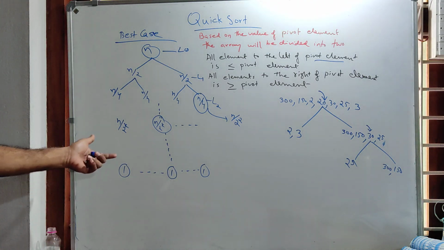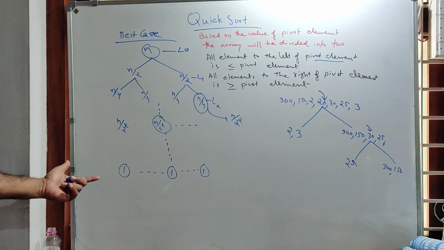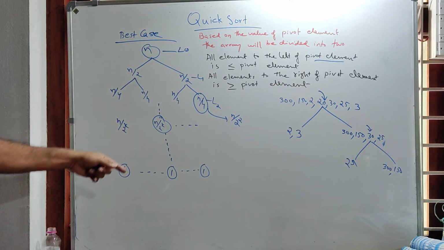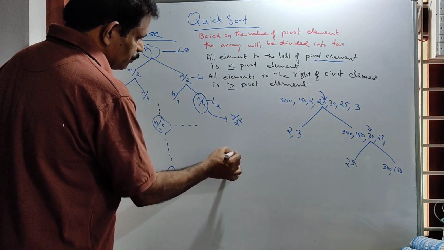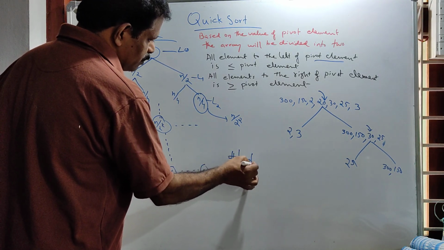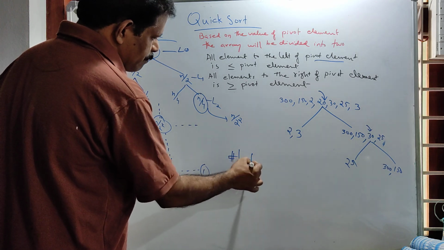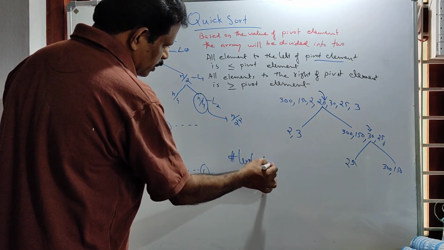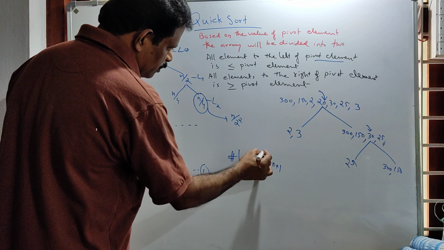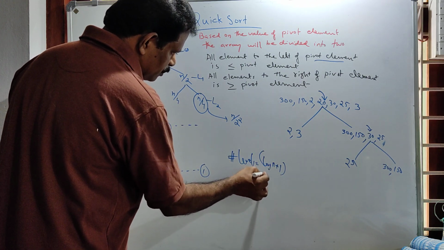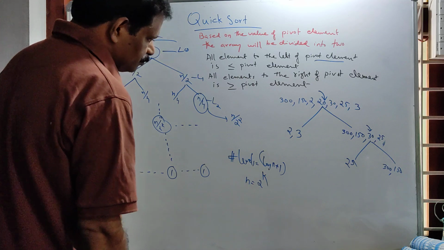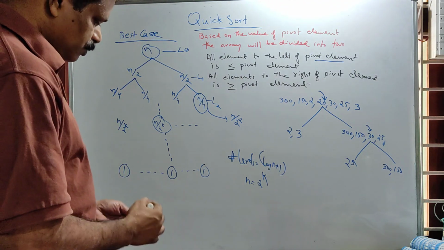And this is similar to the recursion tree of our merge sort, and the total number of levels will be log n plus 1 if n is equal to 2 raised to some k.